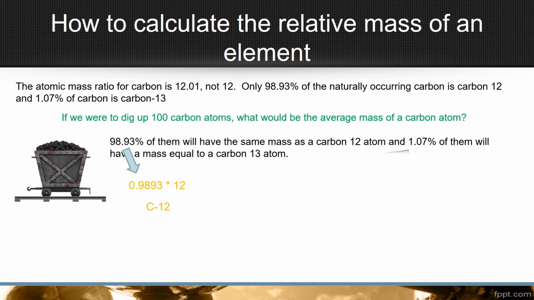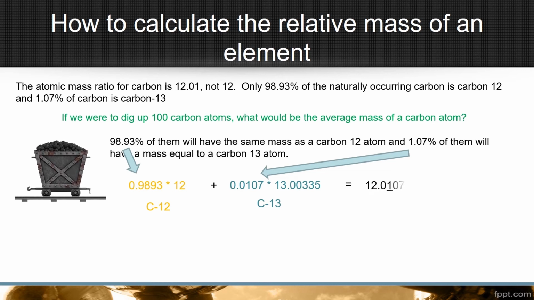0.9893 times 12 plus 0.0107 times 13.00335 equals 12.010735, which rounds off to 12.01. Yes, this is the value on the periodic table below the symbol, keeping in mind our sig fig math.